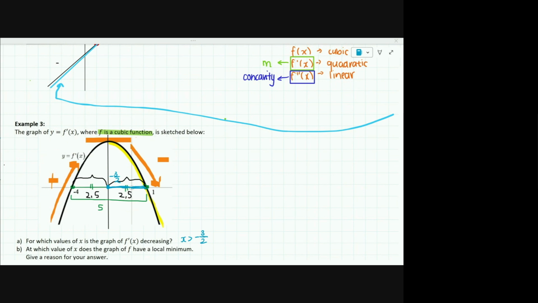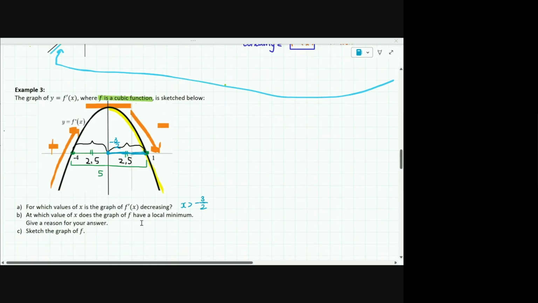All right. The next question says, at which value of x does the graph of f have a local minimum? Give a reason for your answer. So let's go back to what we have. We've got a sad parabola here. Because my parabola is a sad parabola, and remember this is the derivative graph, my original graph must be a negative cubic. So decrease, increase, decrease. What that means is that it first has a local minimum and then a local maximum.